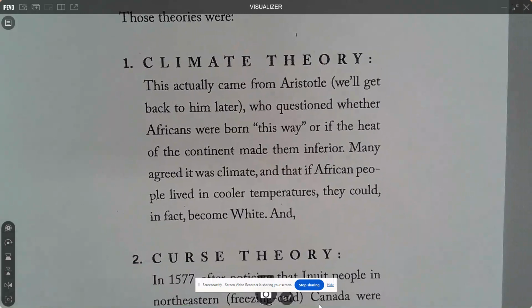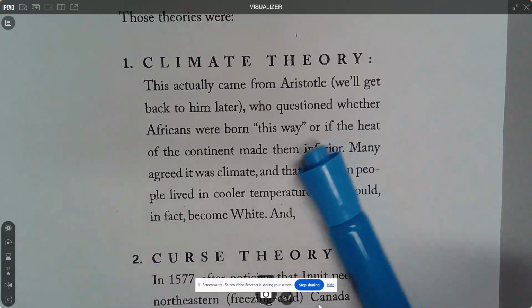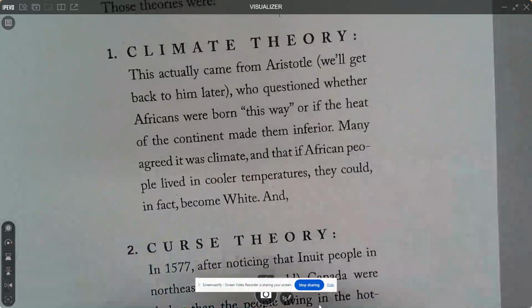So remember, we are talking about scientific theories, and we're trying to see how scientific theories about race helped to keep racism alive. So when I look at this, the next thing that I want to do is figure out how many ideas I need to paraphrase in this. So I'm going to read through it again, and I'm going to try to figure out where the units of thought are taking place.